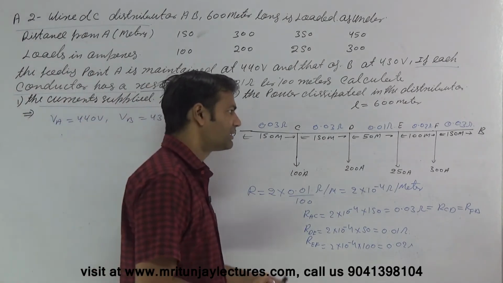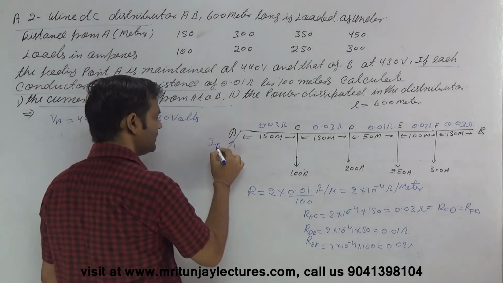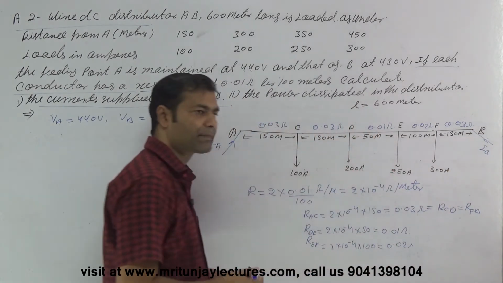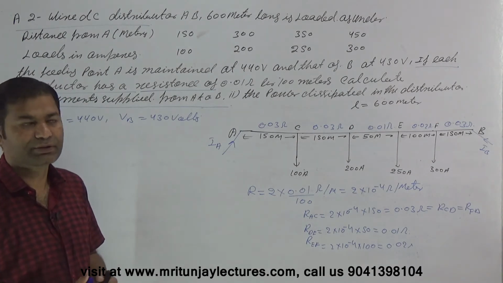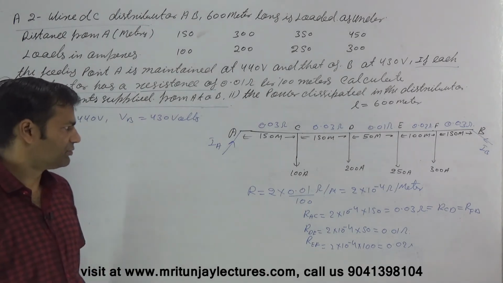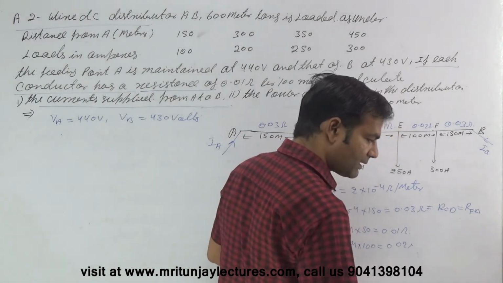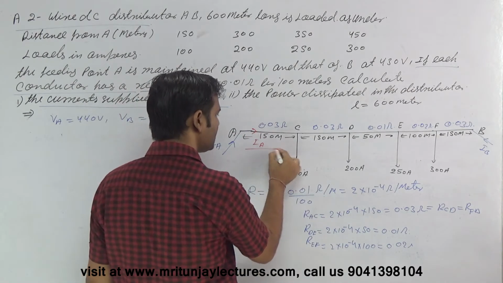Our motto is to determine the currents, IA and IB. Both section voltages are given, it means supply from both sides. Now first of all, I know that in this section the current is IA.